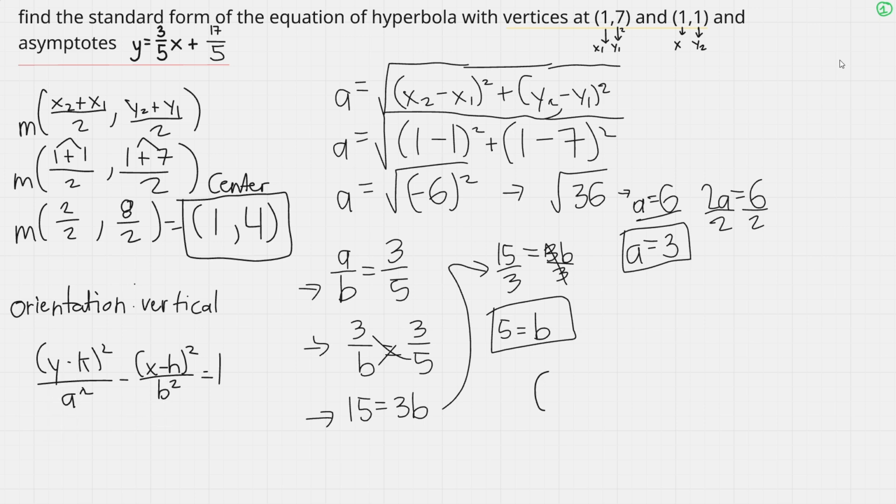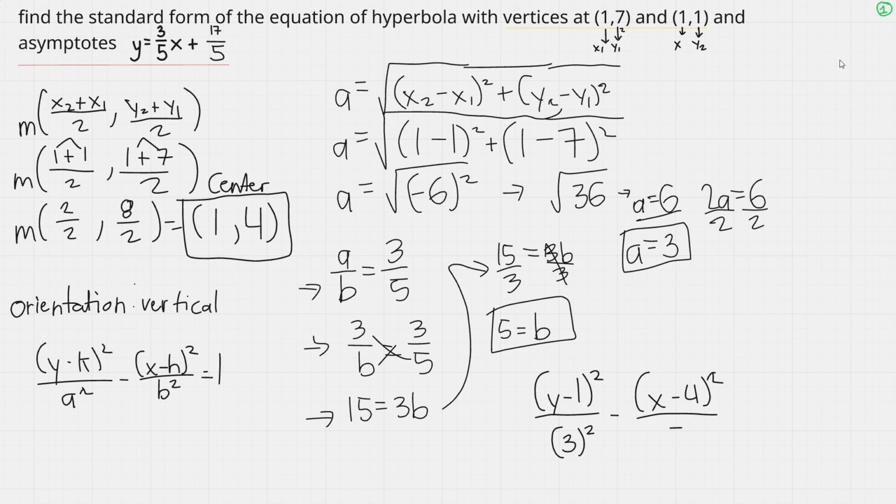Let's substitute. We have y minus k, our k is 1, squared, and our a is 3. We have 3 squared minus x minus our h, which is 4, over our b.